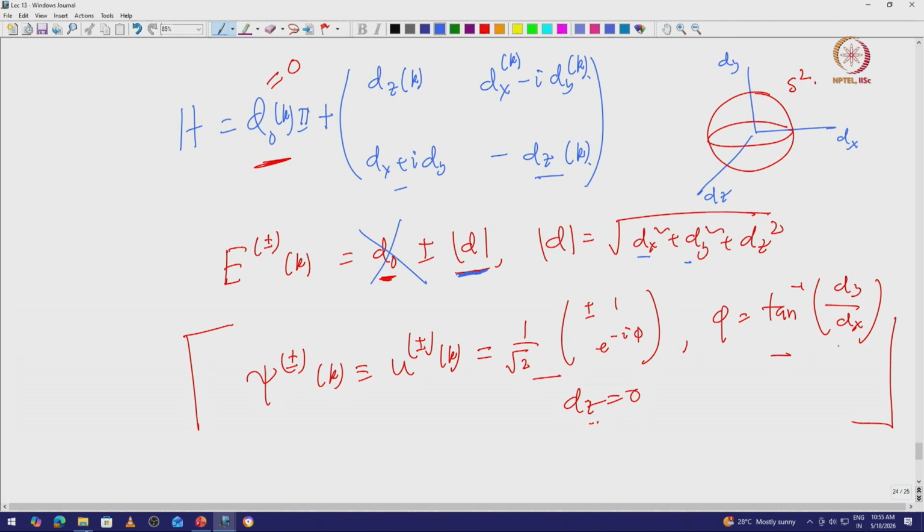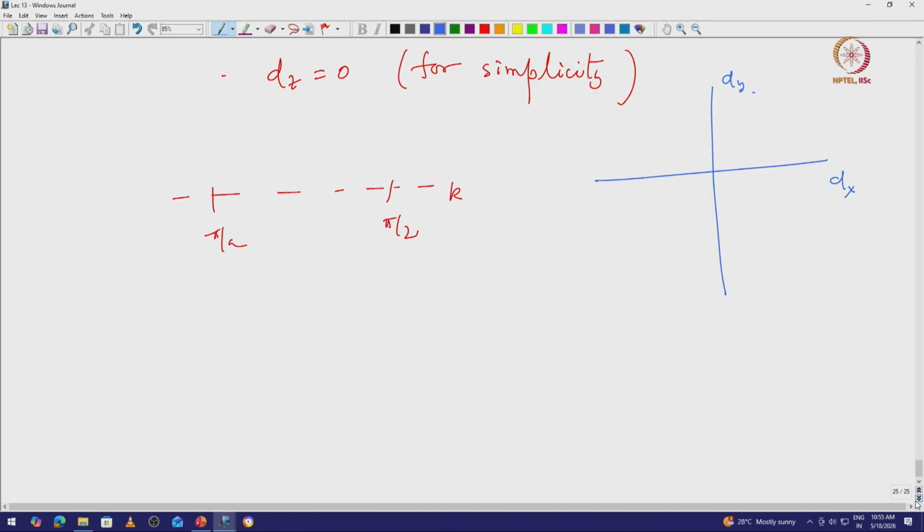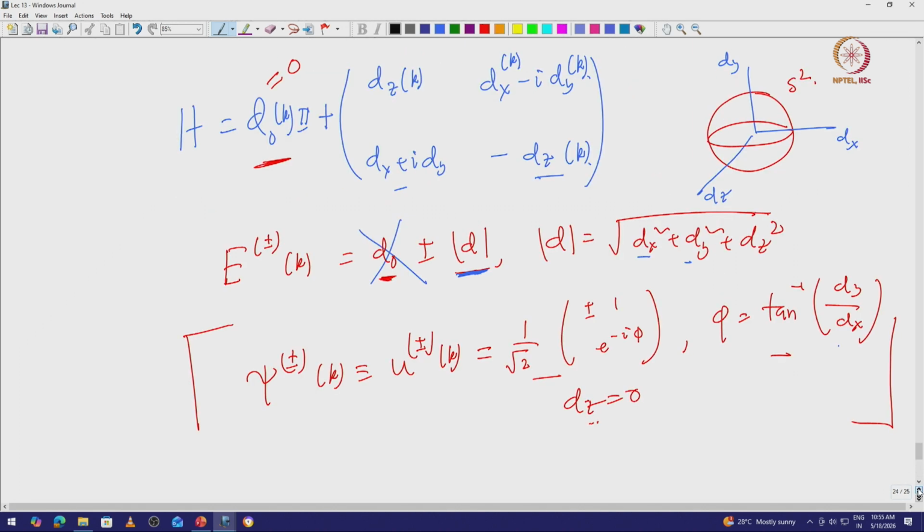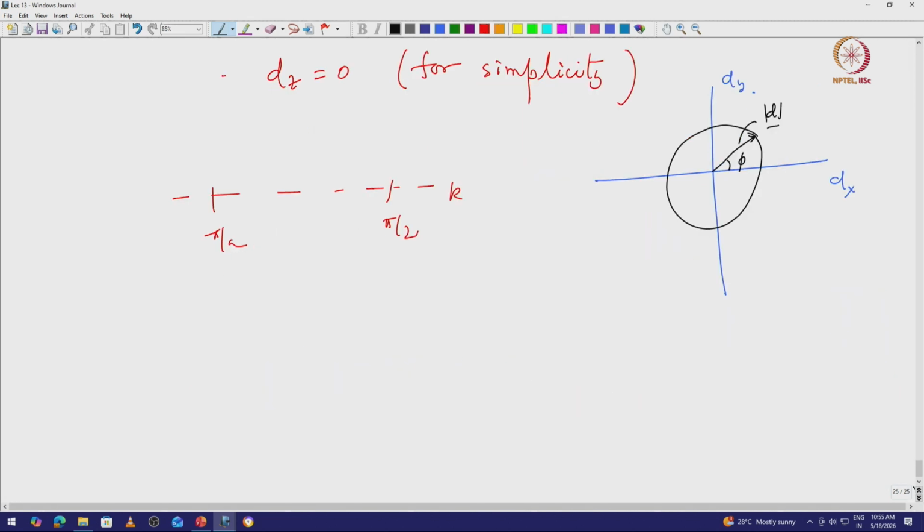So, both eigenstates are on top of this curve, right, and this phi denotes the eigenvectors, with a plus minus that differentiates the two states. Now, the question is, this is also S1 and this is also S1. So, I have a homeomorphism from the Brillouin zone to this. Now, what is the d equal to 0 point?